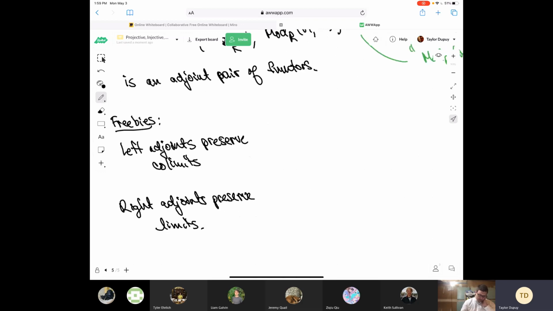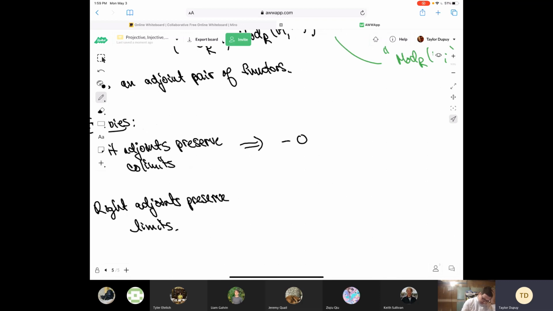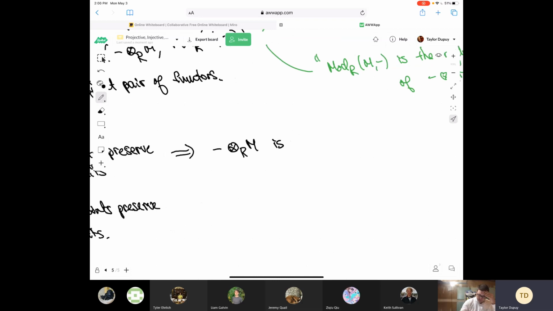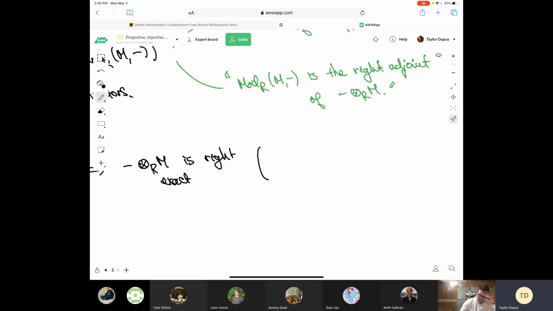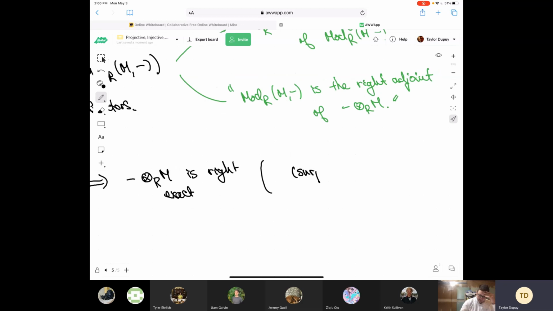Okay, and so what does this tell us? So this tells us that this thing here is a right exact functor. So for free, we already know that it sends surjections to surjections. So a surjection with respect to this functor is a surjection.